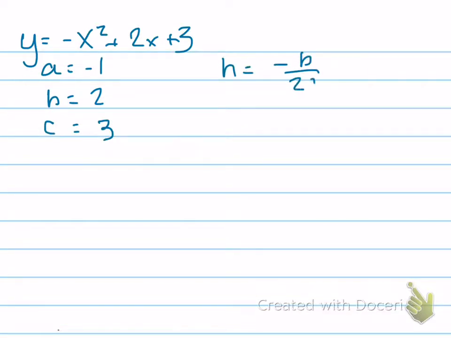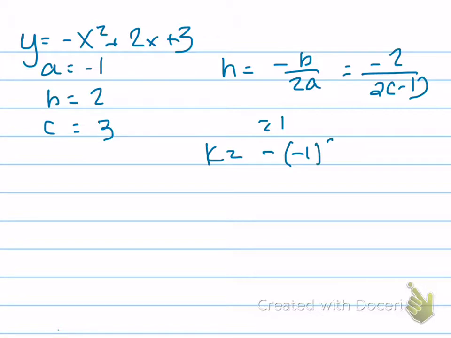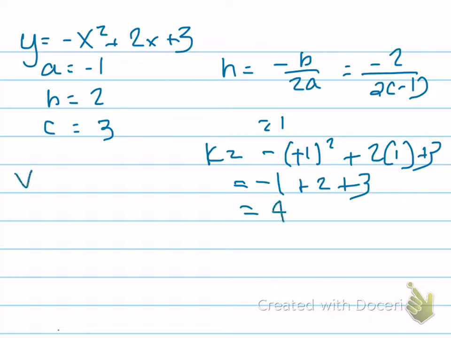So here you see I've taken the time to write a, b, c. As you get in the habit of doing this, this is a strategy that you might want to use. And we just go through the process again of solving for h, solving for k. Our vertex is 1, 4.